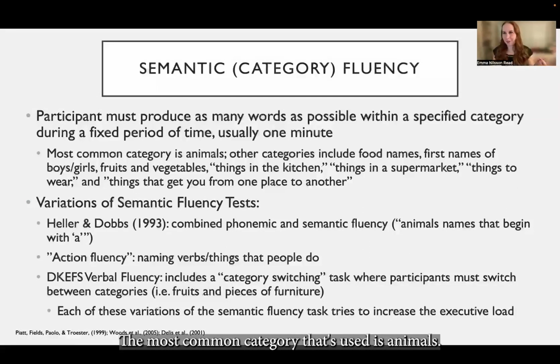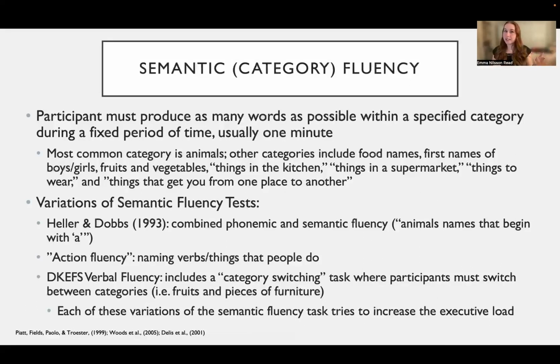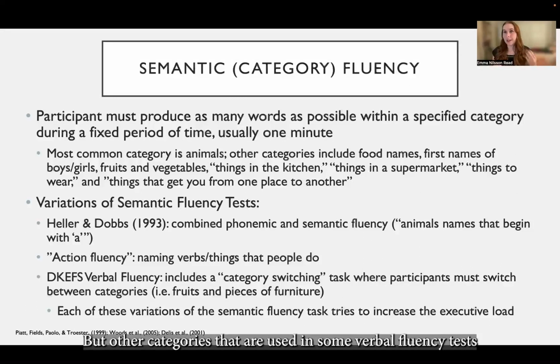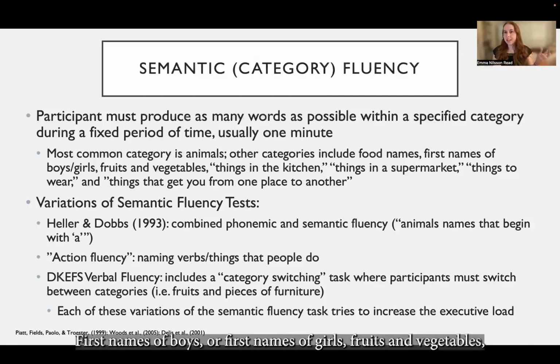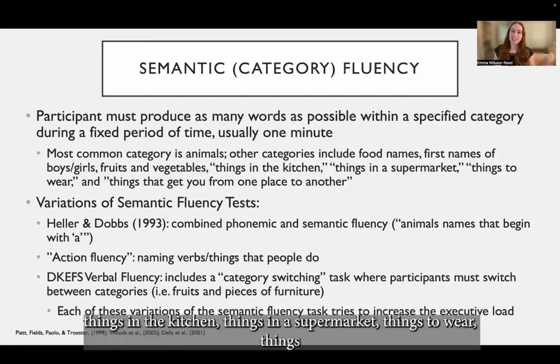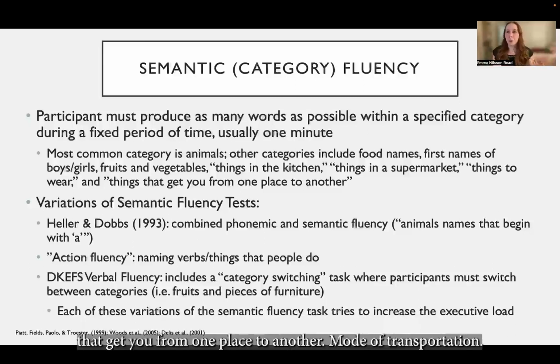The most common category that's used is animals, but other categories that are used in some verbal fluency tests include things like food names, first names of boys or first names of girls, fruits and vegetables, things in the kitchen, things in a supermarket, things to wear, things that get you from one place to another, modes of transportation.